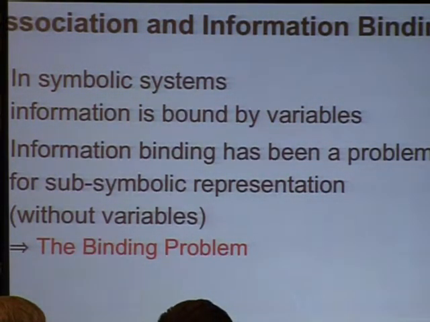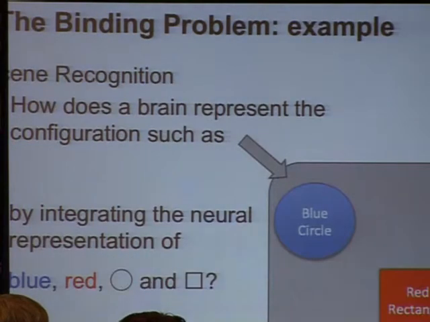First, in symbolic systems, information is bound by variables so that binding is not an issue. However, if you have to build an information processing system with a subsymbolic representation, which does not use variables, then it becomes an issue, which is the binding problem, as I mentioned earlier.